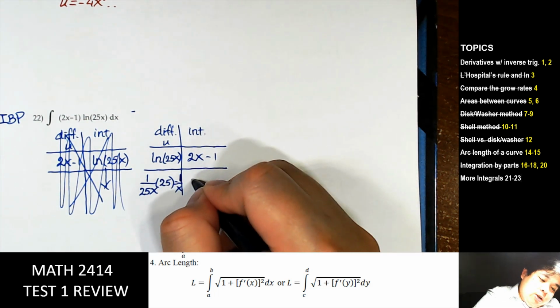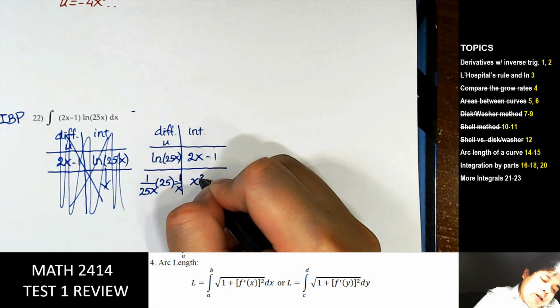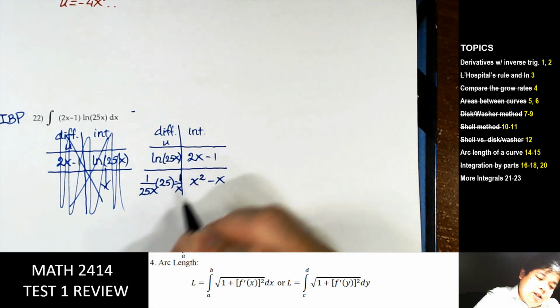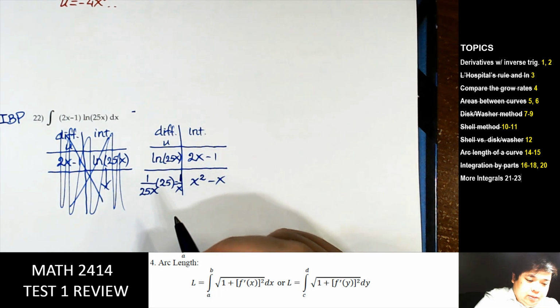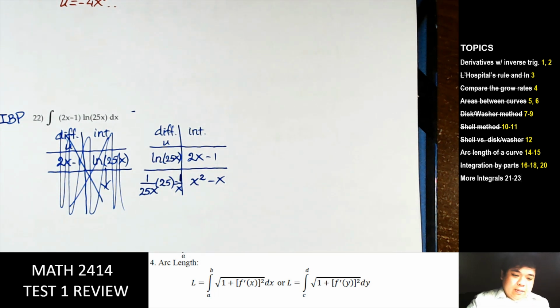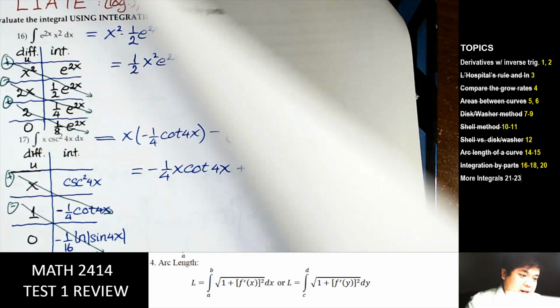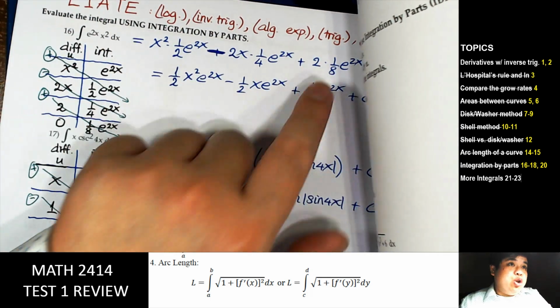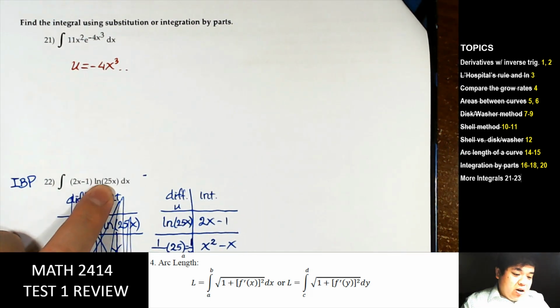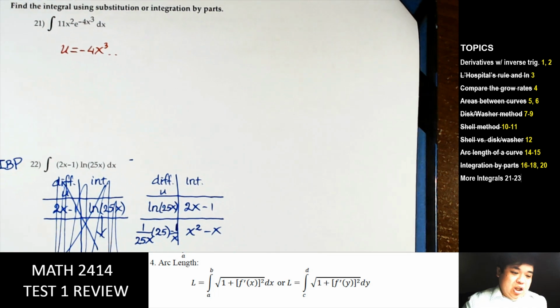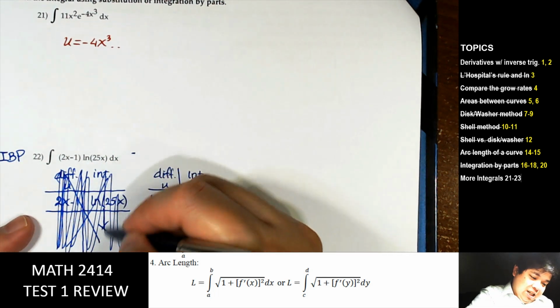And integral of this will be x squared minus x. If we keep doing that, it's not going to help us. Quickly, again, this is the list of the thing that we choose to be u, and we have the log. So that's the first thing. So that is u. Sorry, that will not work here.